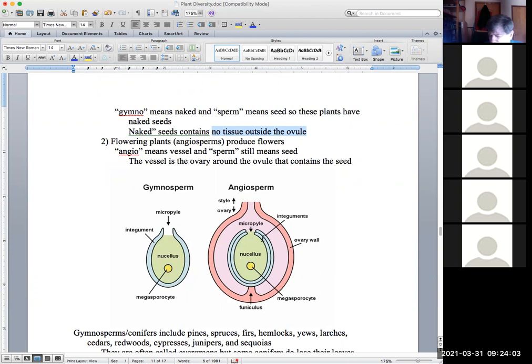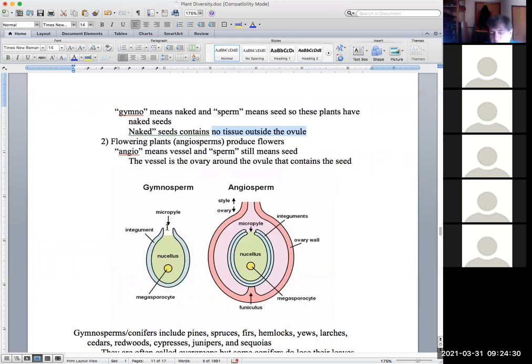Notice we may have multiple layers of integument in an angiosperm. At some point, there's an opening called a micropyle in this integument. This micropyle is where the pollen enters the nucellus and eventually fertilizes the megasporocyte or egg cell.